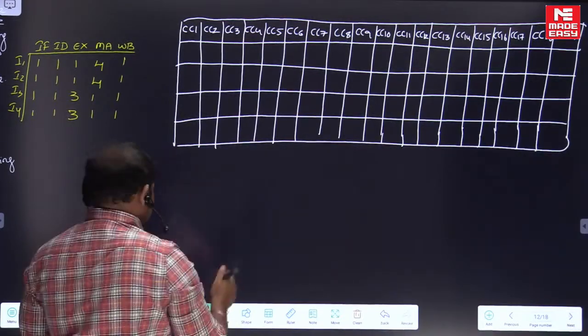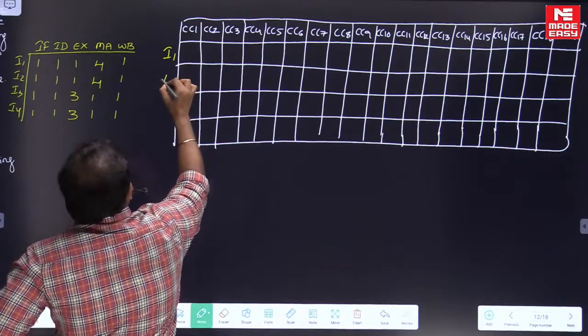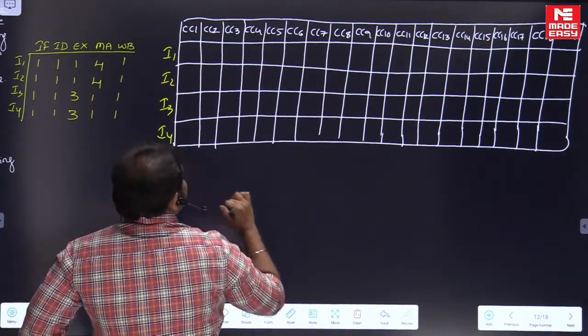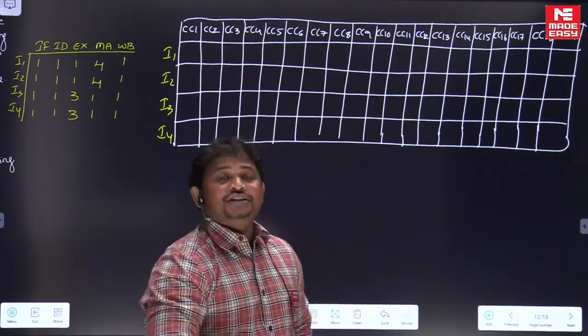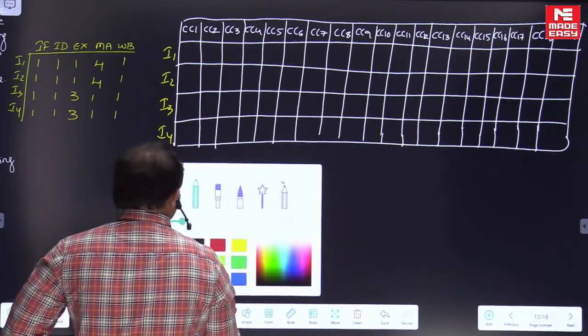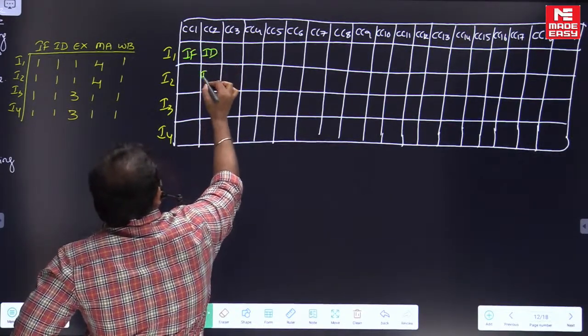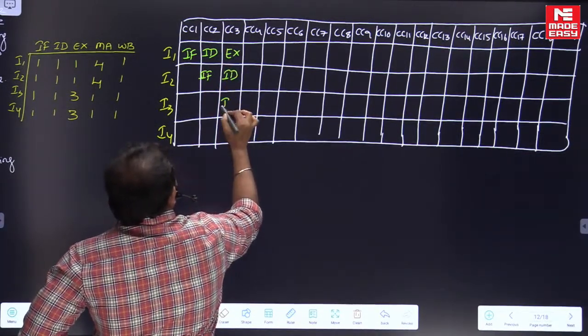Now execute the instructions I1, I2, I3, I4: 4 instructions. The X-axis indicates the cycles, the Y-axis indicates the instructions. Allocate the stages, please. First IF, then ID, then EX, and so on. You know this.